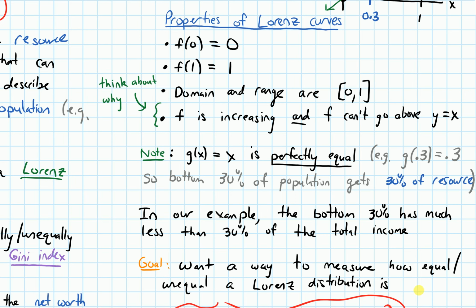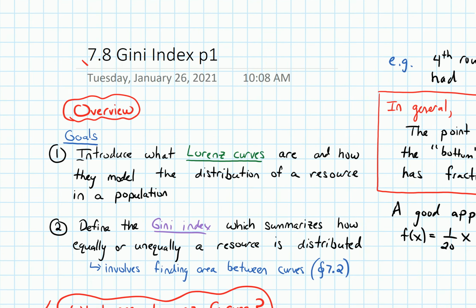And this is what we're going to talk about in the next video. How do we measure this equal or unequalness? So in terms of our goals for this section, we have finished our first goal. We've introduced what Lorenz curves are and how they model distribution of some resource in a population.